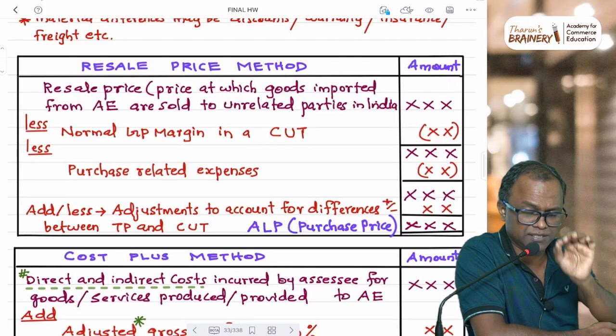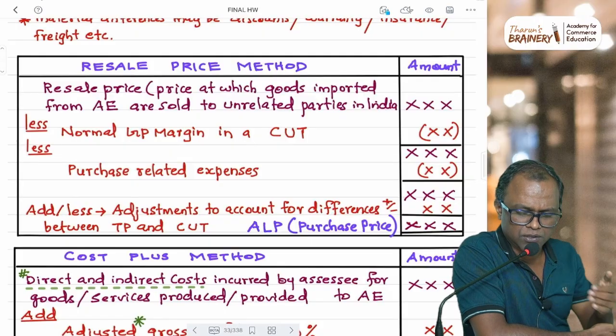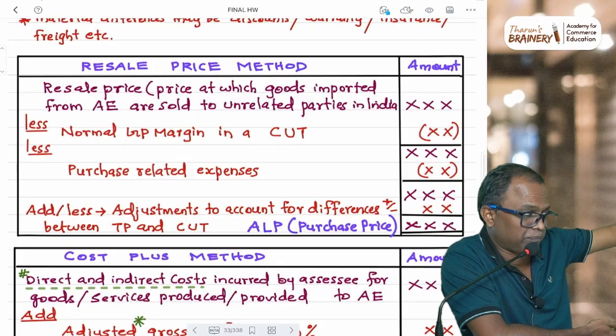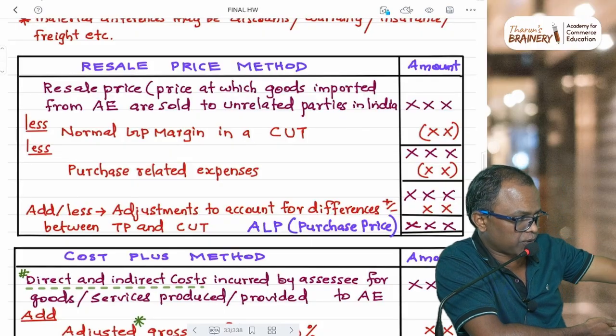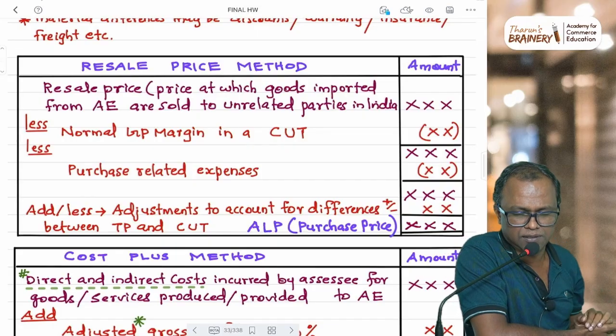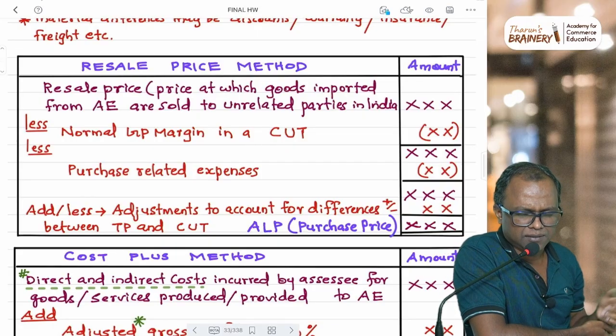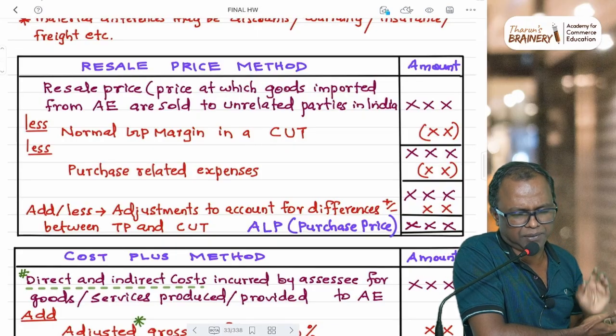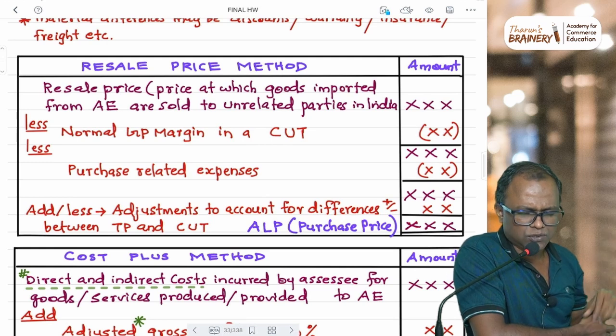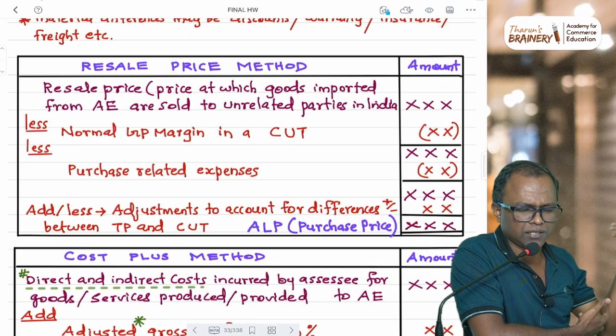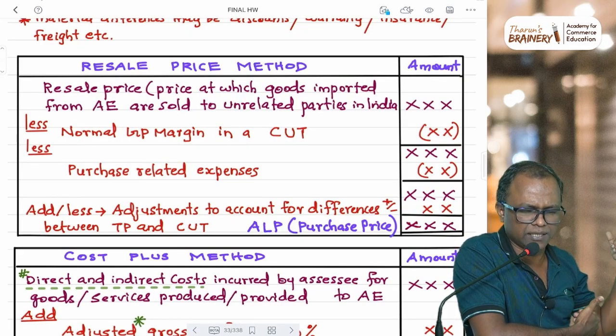Purchase related expense means import related expense, reduce. So we get the price at the point when the goods reached the port. Now compare the import transaction with a related party with an unrelated party. In the related party import, we incurred customs duty and freight, but in the unrelated party import, we incurred only customs duty. We didn't incur any freight.